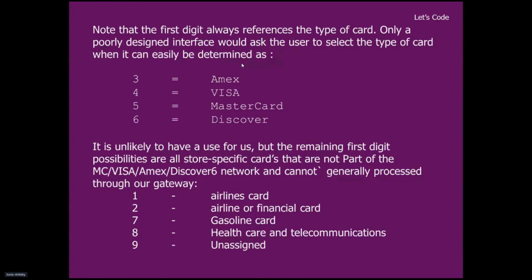But for example, if Shell Oil makes a card to use at their gas stations, the number will start with a 7. We cannot process those cards over any kind of gateway or network. Those are all proprietary systems that we can't access, but it's interesting to know nonetheless that these are the numbers that are used. And nobody knows what they're holding number 9 for. Now, this is all based in North America. So, for example, in Japan, there are other cards and other numbers.